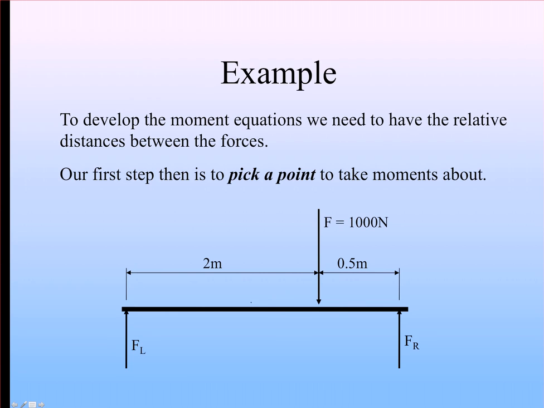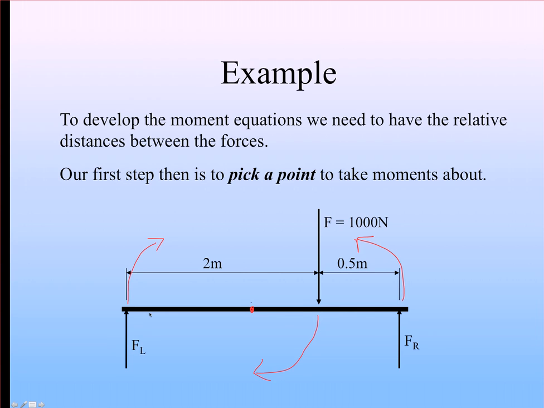And then, in this case, FL would cause a negative moment, because that's going clockwise. This F would cause a negative moment as well, and FR would cause a positive moment. Now, we could do that.